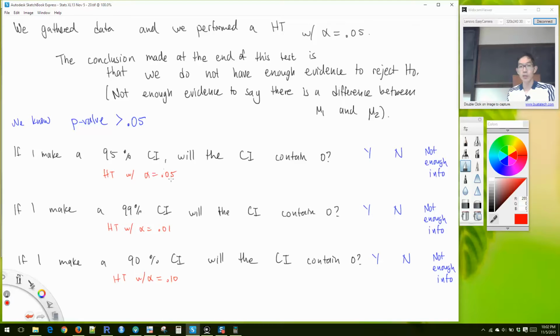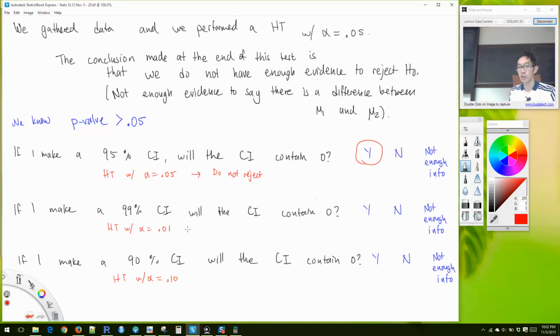So the hypothesis test with alpha equal to 0.05 came to what conclusion? Do not reject, right? So do not reject means, does it contain 0? If we have no evidence of a difference, that means our confidence interval contains 0. We don't have evidence of a difference.